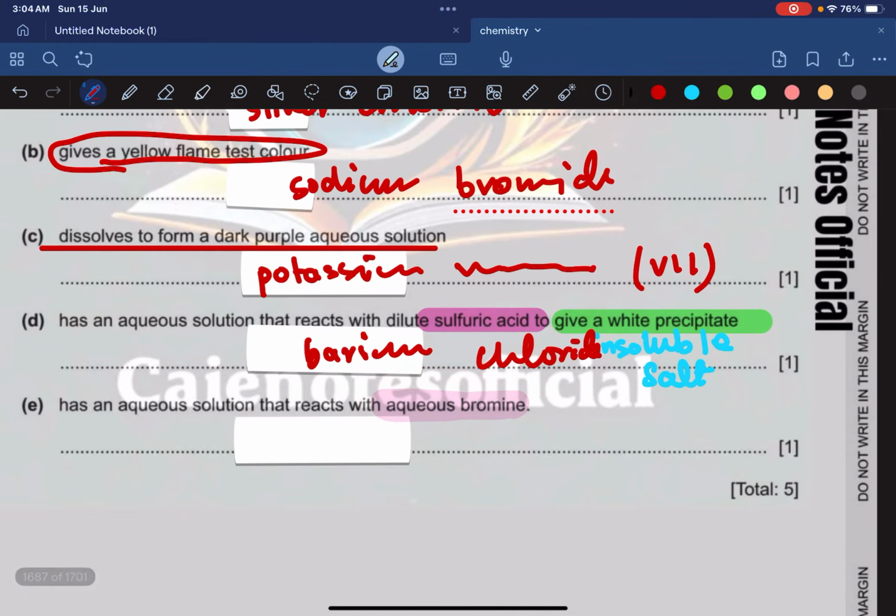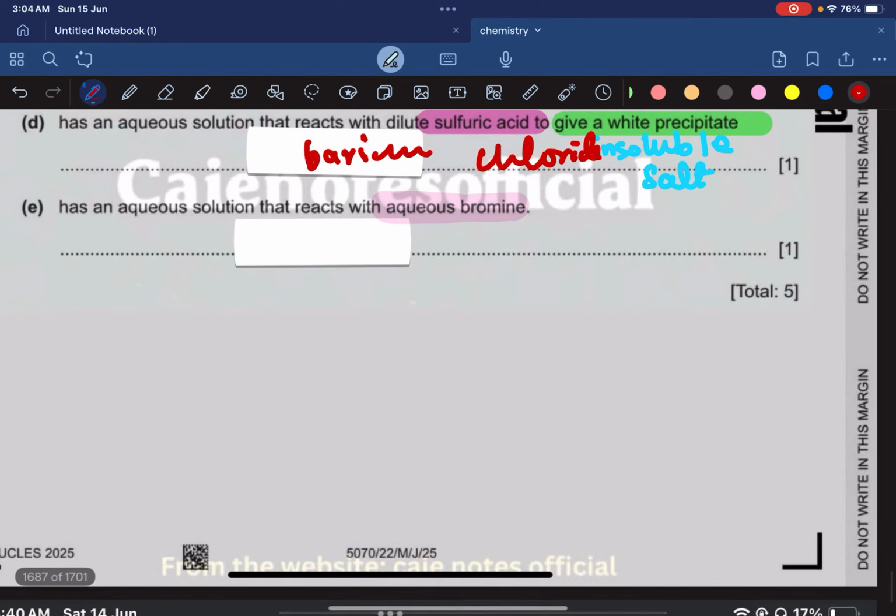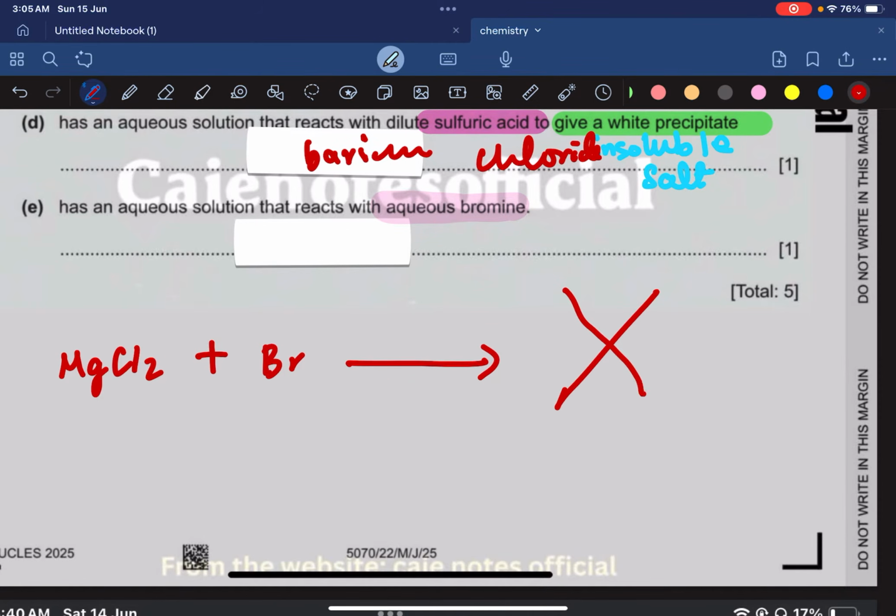If I react any chloride or fluoride salt with aqueous bromine, it's not going to react. For example, if I take any chloride like magnesium chloride, MgCl2, and I make it react with bromine, what do you guys think? Is it going to react? No, this reaction is not going to take place. Why?